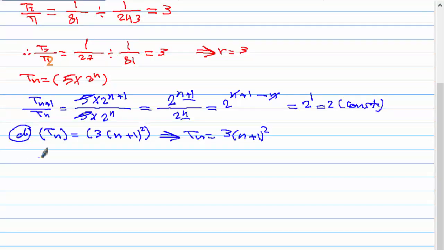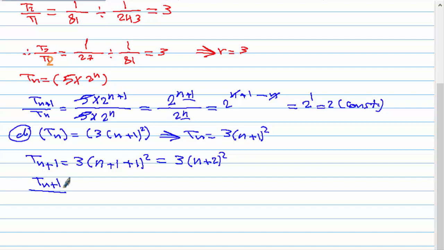Now what is the value of Tn plus 1? Tn plus 1 equals 3 multiplied by, substituting n plus 1 plus 1 all power 2, which equals 3 multiplied by n plus 2 all power 2.